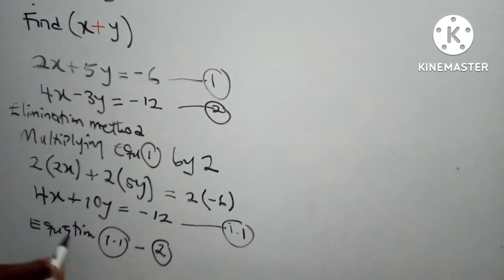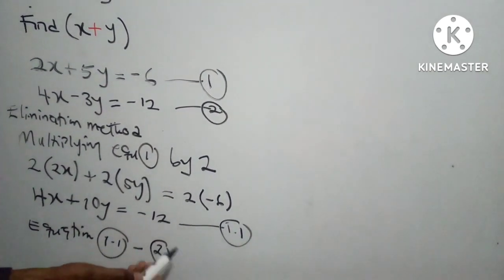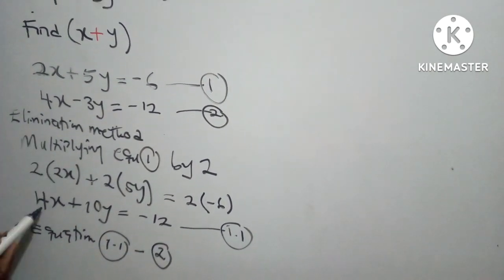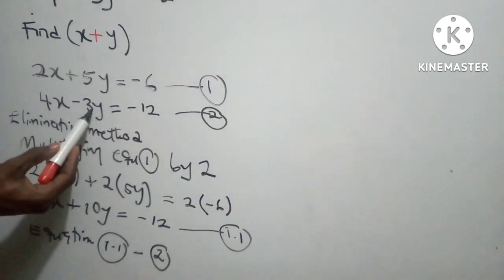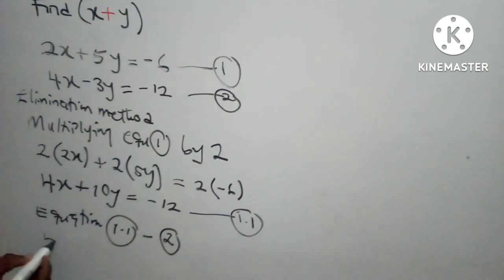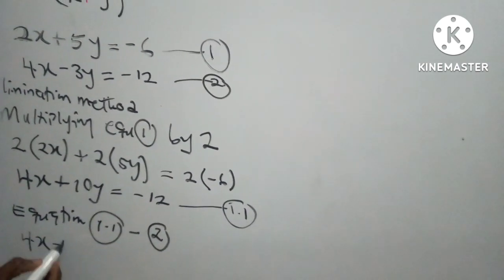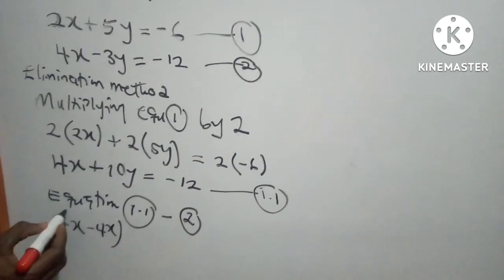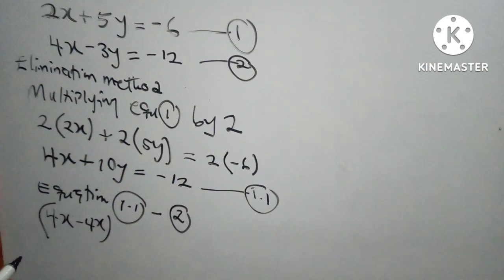So if we are following equation 1.1 minus equation 2, meaning we'll have this minus this, this minus this, and this minus this. So we will have 4x minus 4x, right?